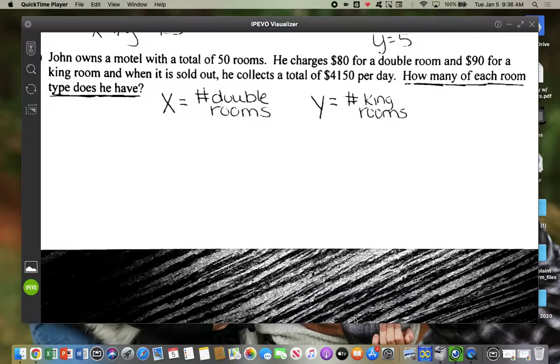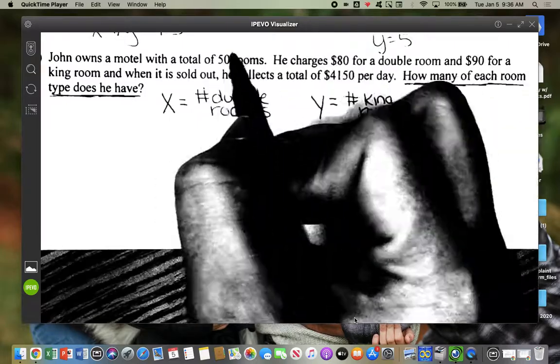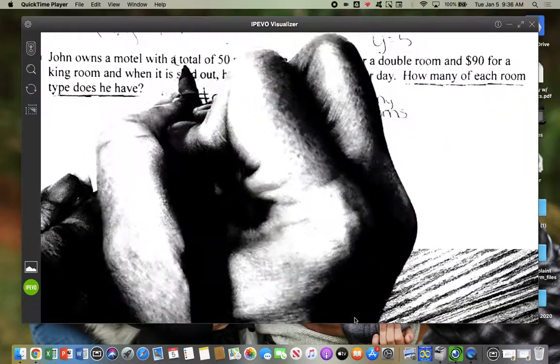All right, now on this one, we're only talking about 1 day of sales, but we have 2 different totals here. What's the first total that you're given in this problem? 50 rooms. All right, so we have to set up an equation first.